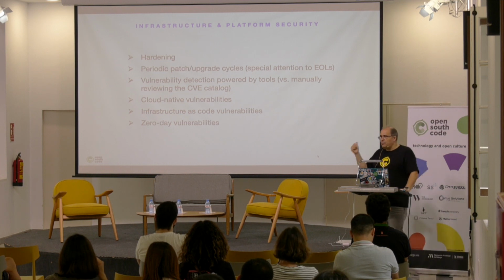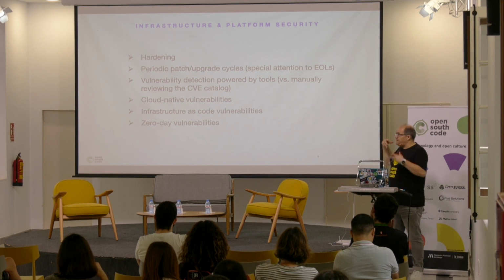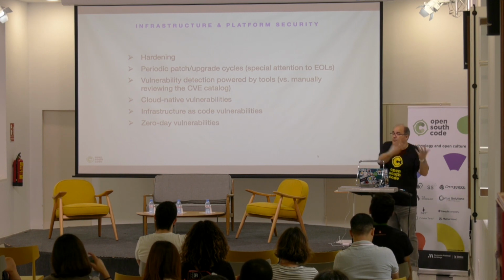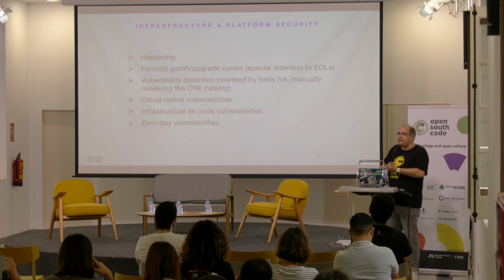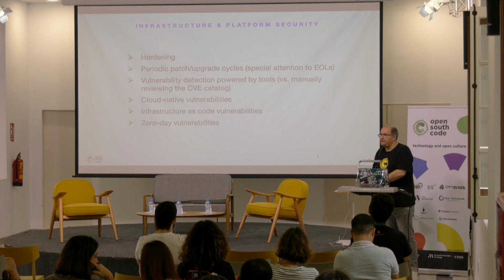Of course, vulnerability detection powered by tools, because manually it will be impossible to do it. We many times think of this, for example, as CVE vulnerabilities when we're speaking about an open source library that I'm using in my project, etc. And we many times, and I see that a lot, forget about infrastructure and platform components.